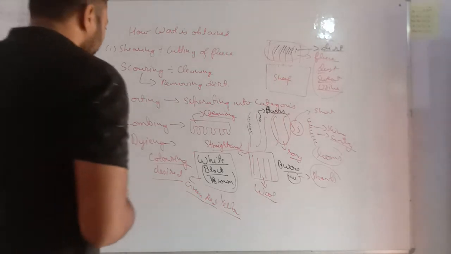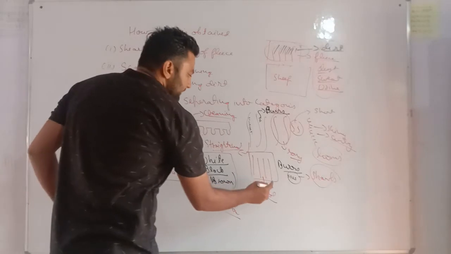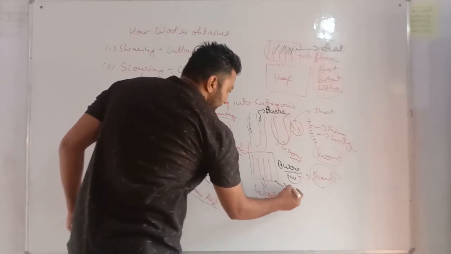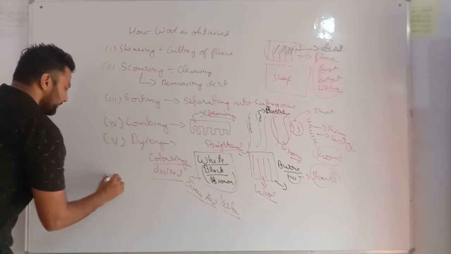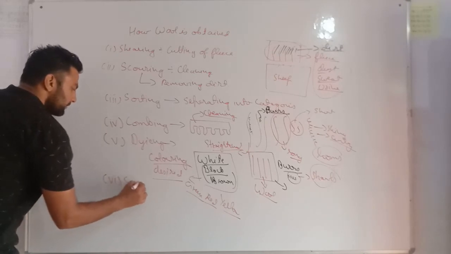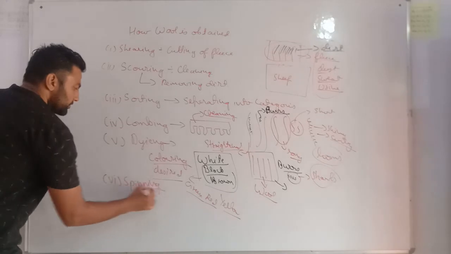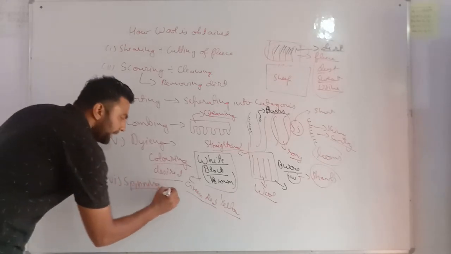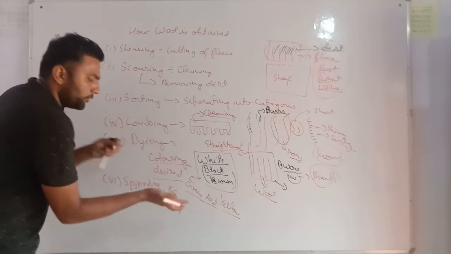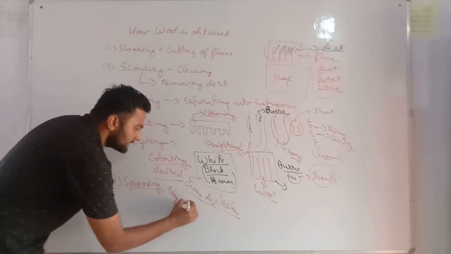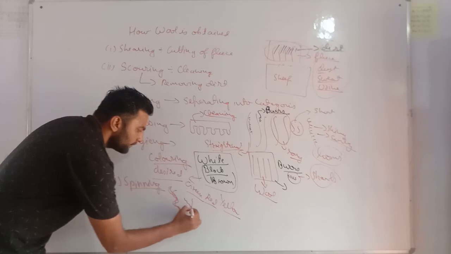Okay, my dear students. After they are dyed, all these wools go through the spinning process. By spinning, all these fibers are twisted and made into a single thread.